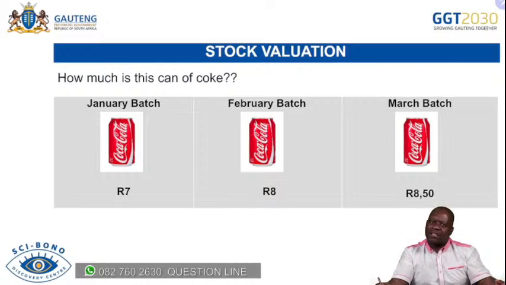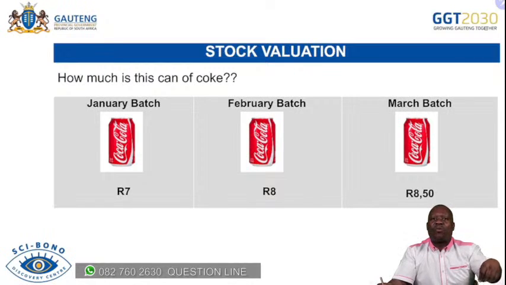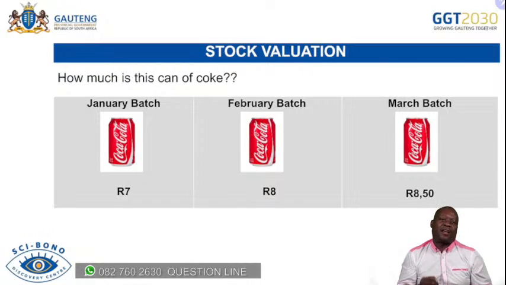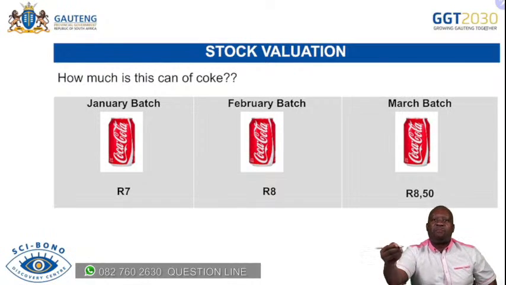And my son said, "No, Daddy, we can't do that. Check here. We are going to assume that what was bought first was sold first. So whatever price that we can quote is the most recent price.